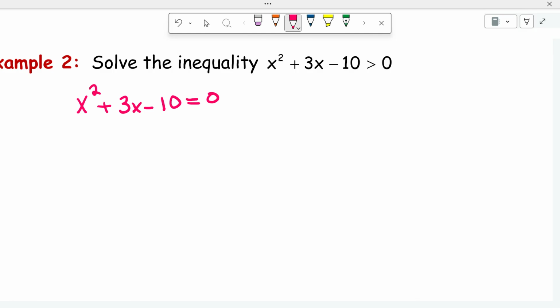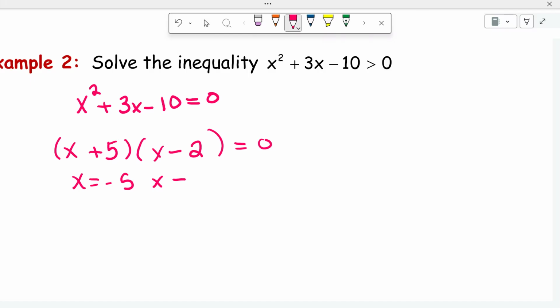Right, so go ahead and factor that and solve it. All right, so did you guys get negative 5 and 2?